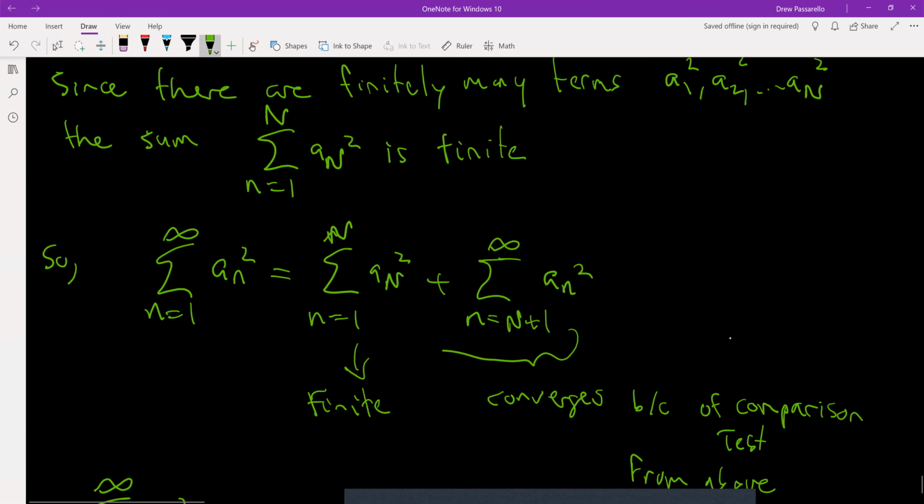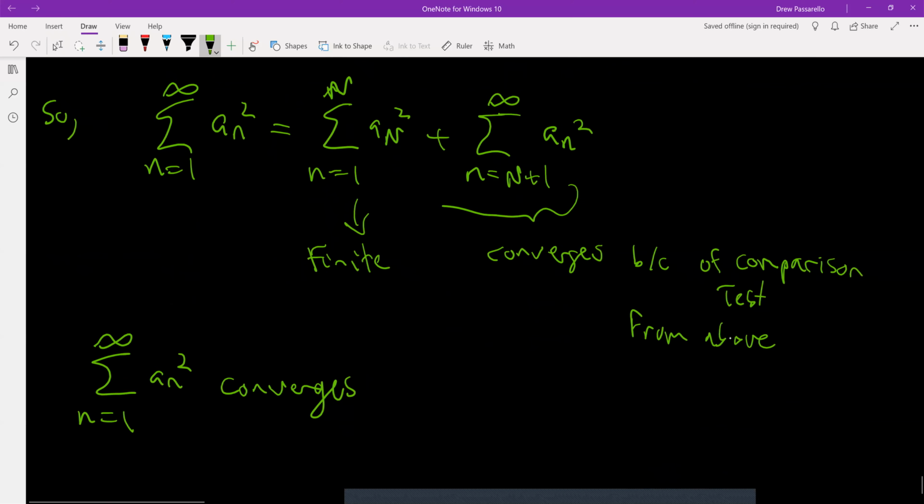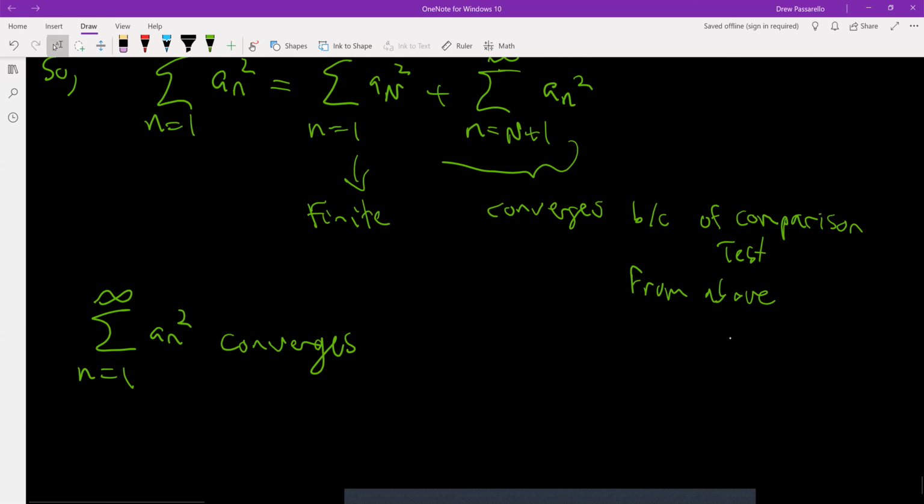So for the series of a_n squared from n equals 1 to infinity, that is the same as taking the sum from n equals 1 to capital N plus n equals capital N plus 1 to infinity. We know the first thing converges because that's a finite sum, and the second thing converges by the comparison test. So therefore the series a_n squared converges. All right, so that's proof 1.